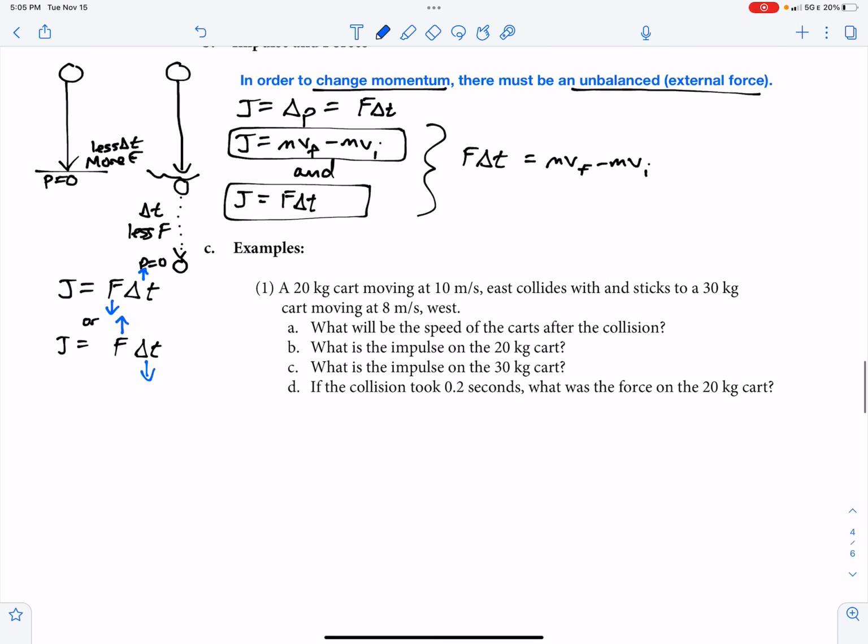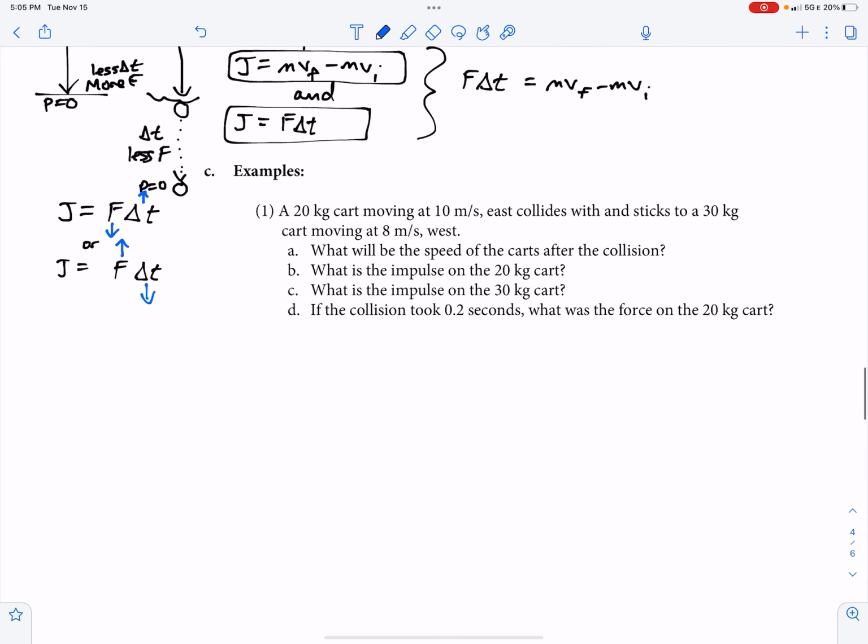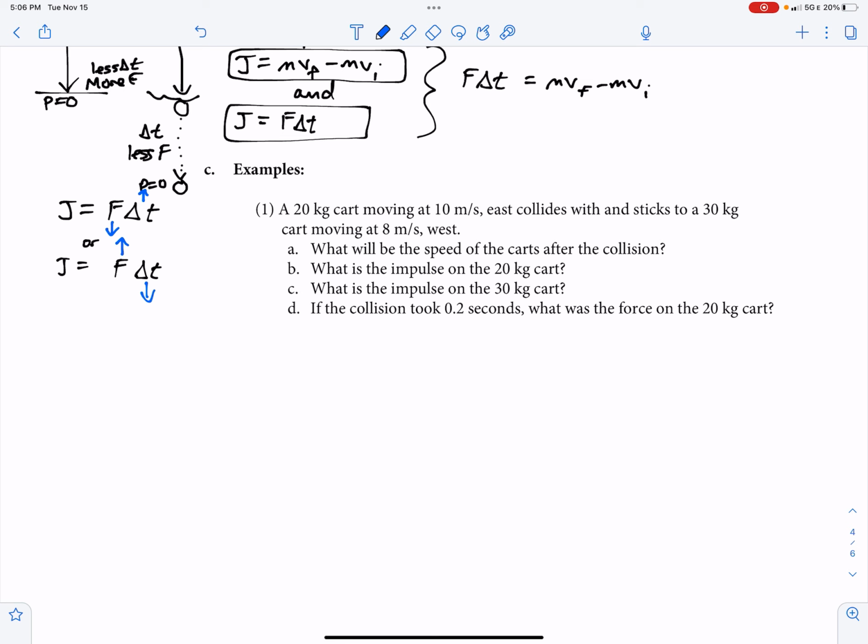All right, let's take a look at example number 1 in part C. So it says a 20 kilogram cart is moving at 10 meters per second to the east, collides and sticks with a 30 kilogram cart moving 8 meters per second to the west. So again, draw your before and after. So before, I have a 20 kilogram cart, and it's moving 10 meters per second east.